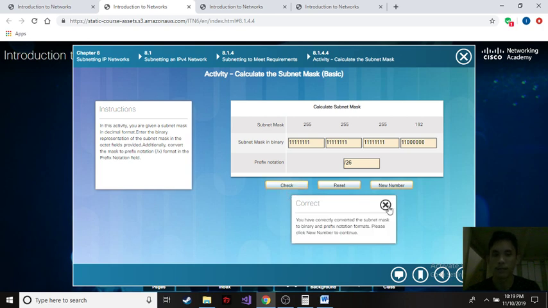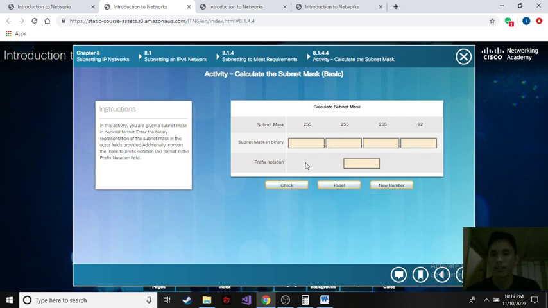So that's it. So we're going to try another problem for the last time. So here, 8 ones, then 8 ones, and then this will be all 0 since it doesn't have value. So 240.